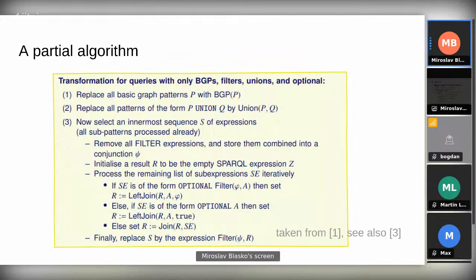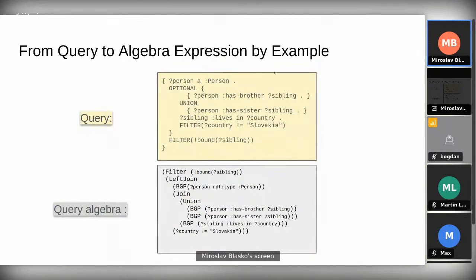To translate a query to algebra, here is a simplified algorithm that I found from this resource. You can have a look later. And we will use this algorithm to translate the query. I took a very similar query, basically a variant of the other query.